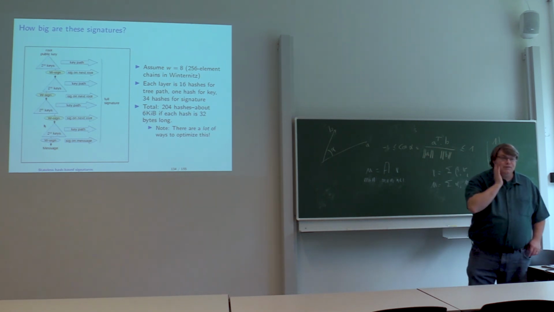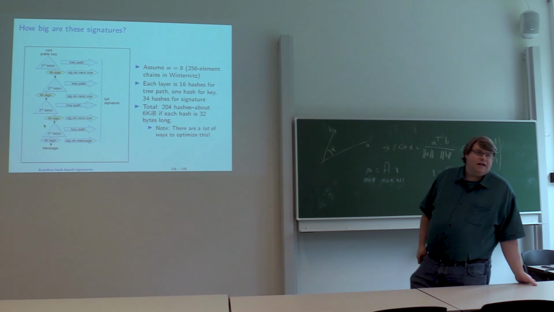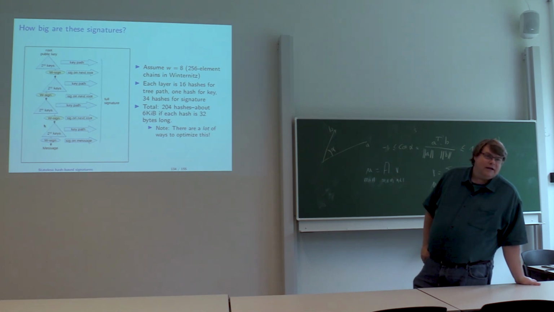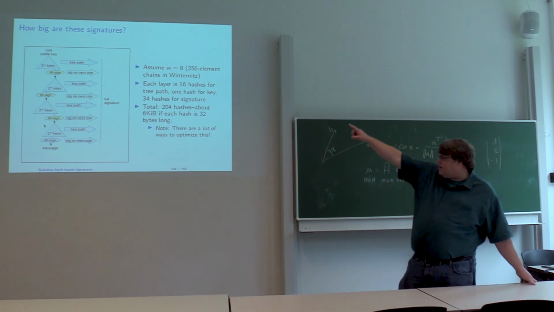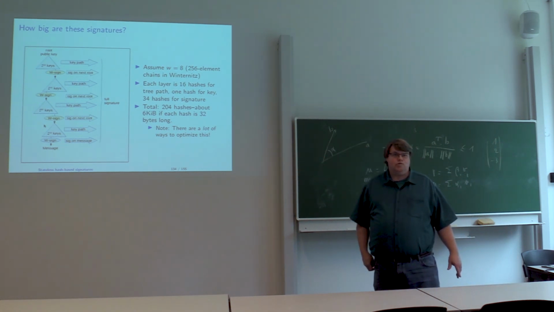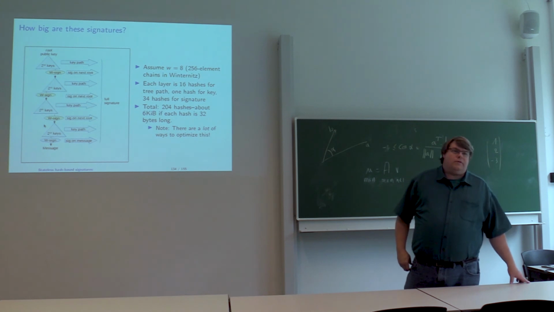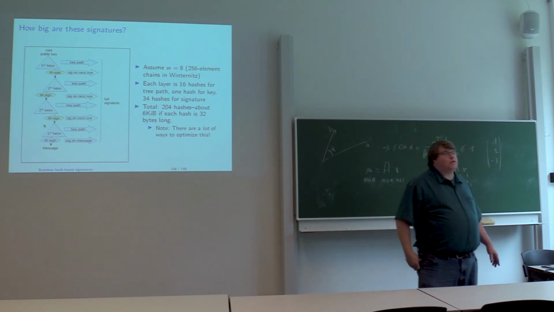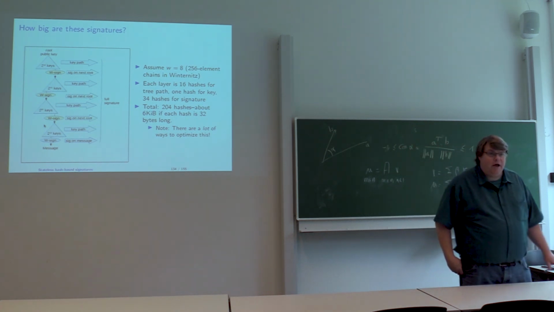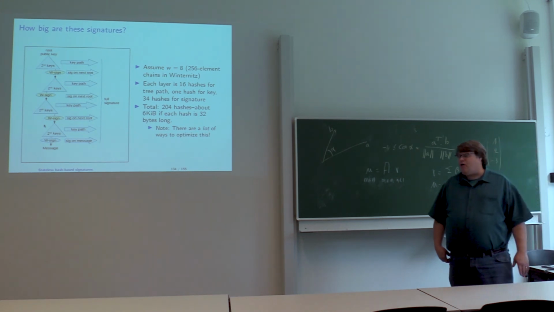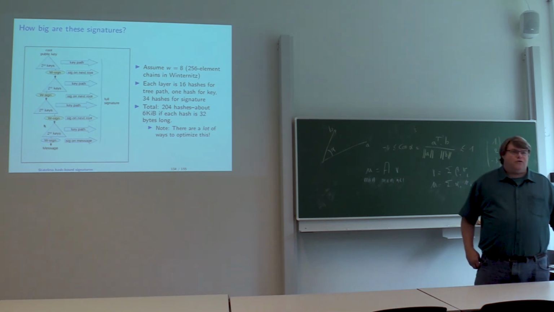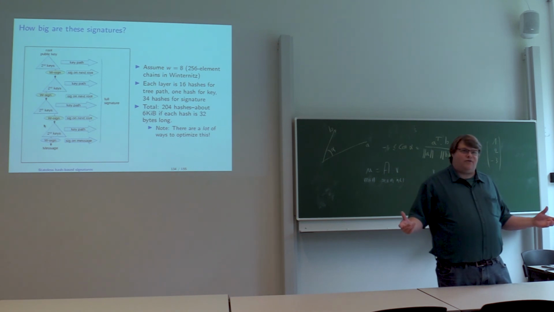Oh, yeah, go ahead. So just to understand, if you want to sign, you have this message, and then you choose a route through the tree. You choose an entire path through the tree. How do you choose it? Is it based on the message? In principle, you could choose it randomly, right? Although the stateful schemes all basically do it sort of like deterministic ECDSA.